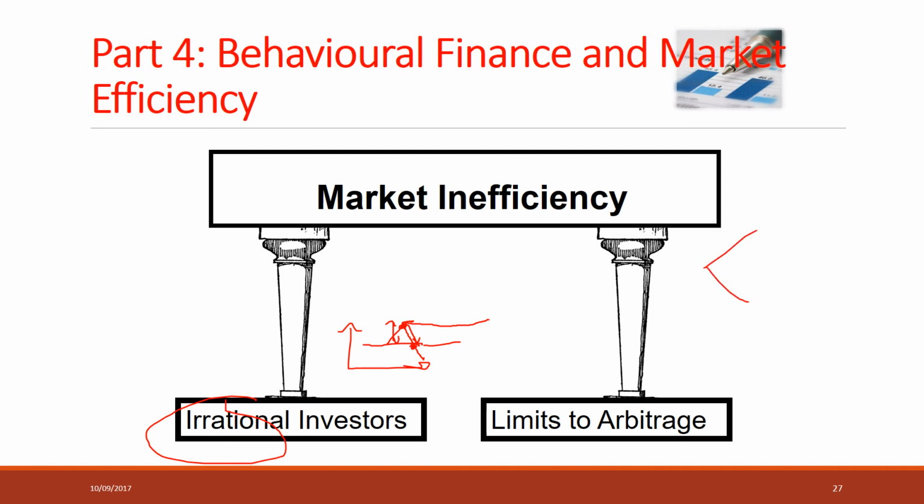So if we have two investors in the market, for example, investor A being a hedge fund, and this investor is very rational. Investor B being an individual investor, this investor is subject to behavioral biases. So investor B's trading might move the market prices out of equilibrium, which is what we saw over here.